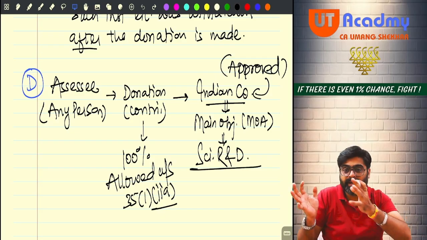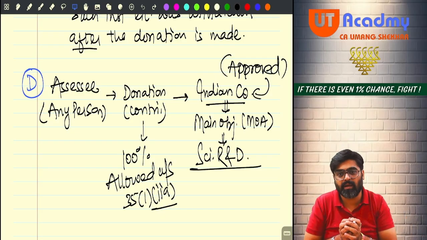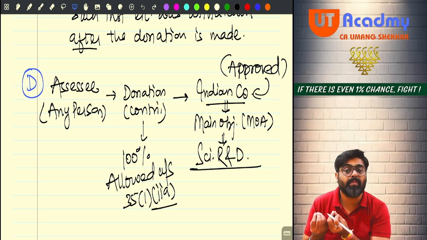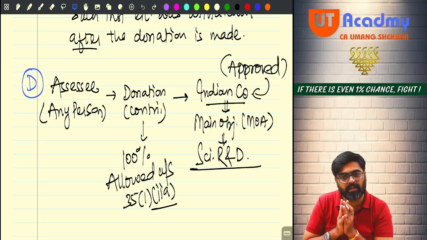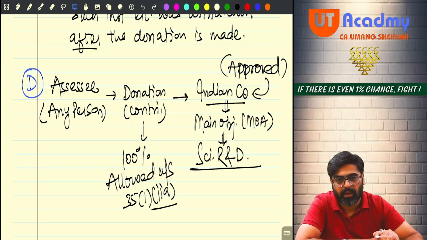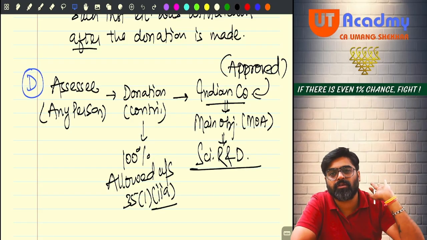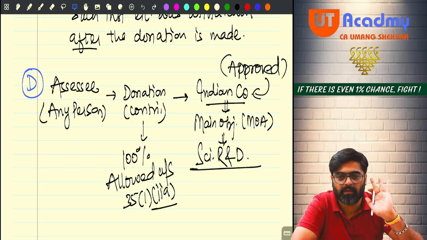Now a few scientists, a few persons with a good background of science, came together and formed one company. Under this company, they are going to conduct scientific research only. These people are mad scientists.